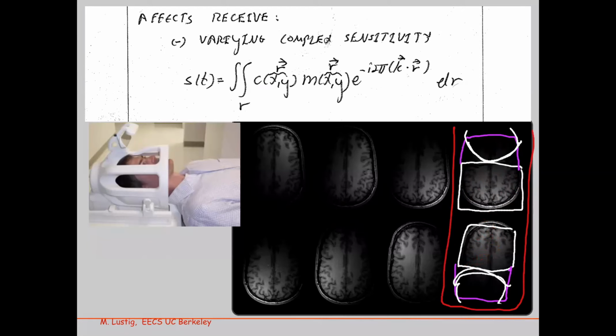I would be able to reconstruct, from each coil, an image which has some aliasing. But then I can say, you know what, from the first image I'm going to pick this part, and from the second image I'm just going to pick this part, and then stitch them together. And now I saved half the scan time and I don't have aliasing.